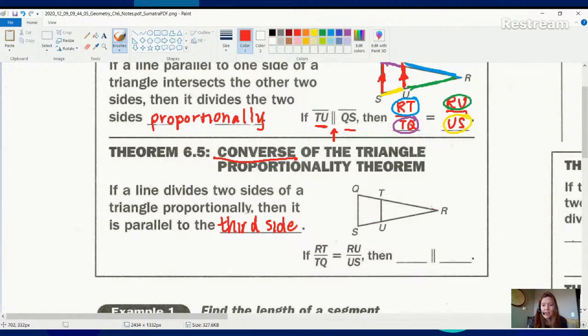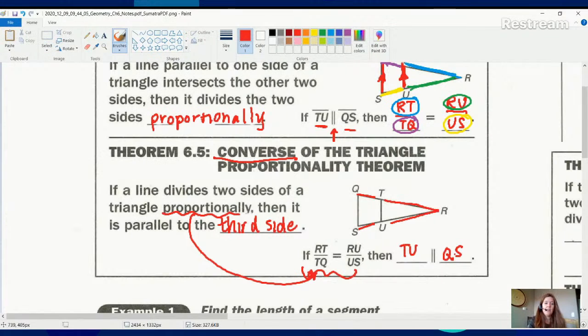So if RT divided by TQ is equal to RU divided by US, this is the proportionality part, right? If those 2 are proportional to each other, then you can assume that TU is parallel to QS.